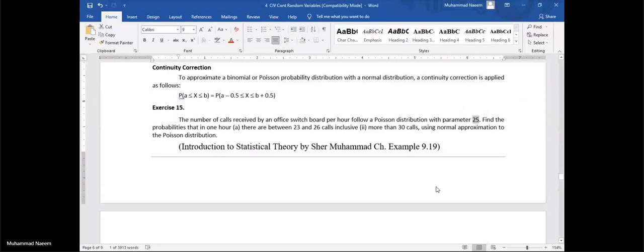This means, as in Poisson distribution, mean and variance are the same. So mean mu is 25, and variance is also 25. Convert variance to standard deviation by taking the positive square root. Sigma value is 5 in this case.